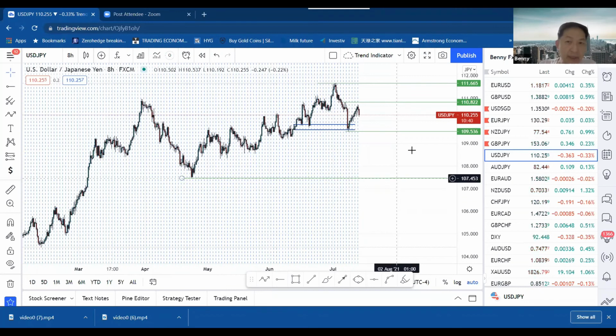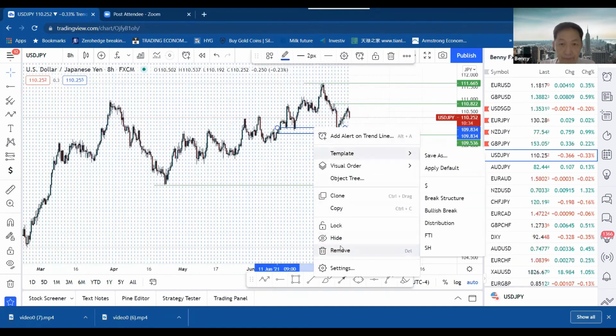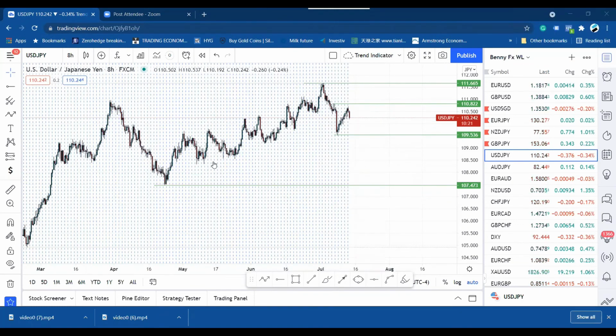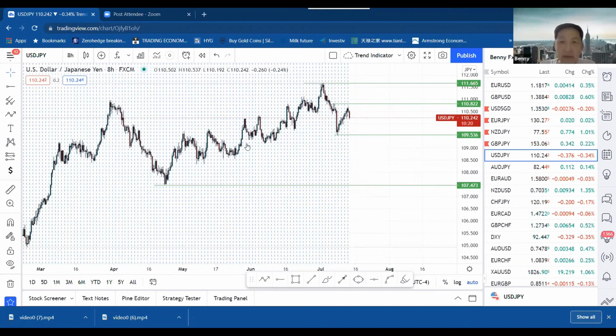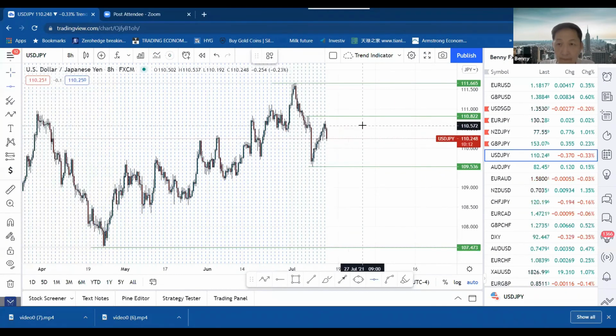Which level do you intend to sell? Dominic, what price do you intend to sell? 110.3, Benny. 110.3. Let me see. Around there.